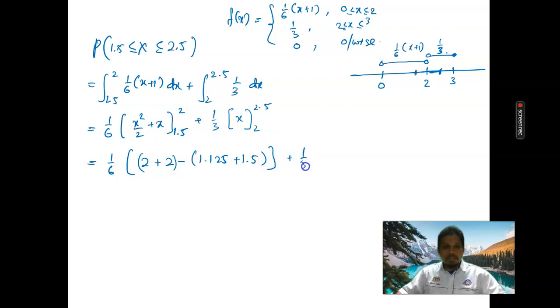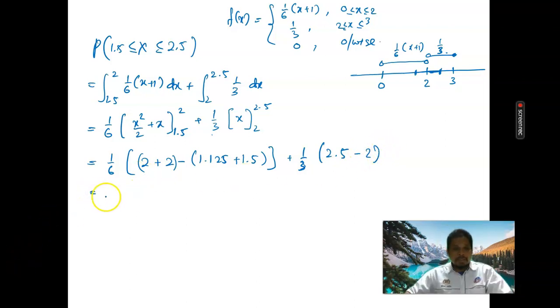And another one here, 1 over 3 times x, which is 2.5 first, minus x equal to 2. For this case, you may use the calculator to get the answer, and you should get 0.396.